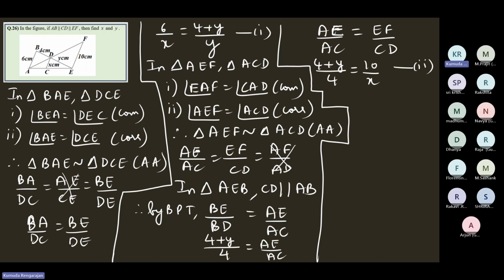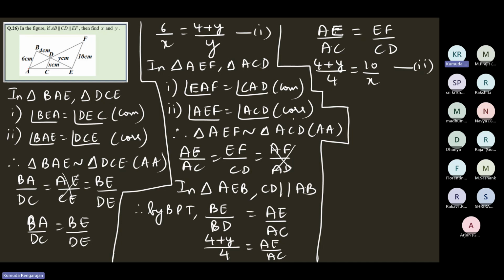Yeah. Now how do we proceed, children? By cross multiplying the equation. Cross multiplying. Huh? What do we have in 1, children?